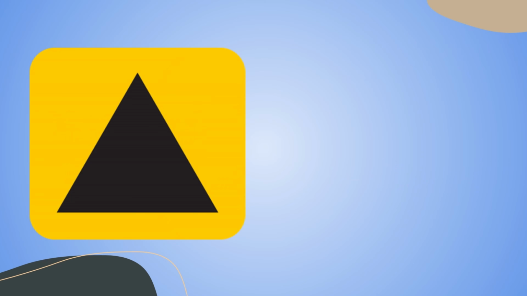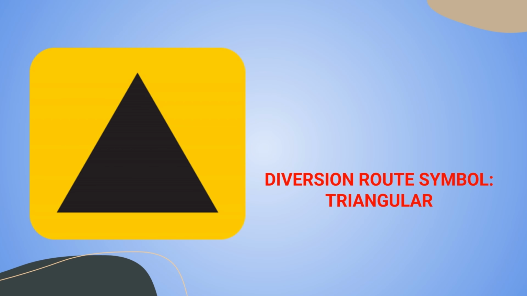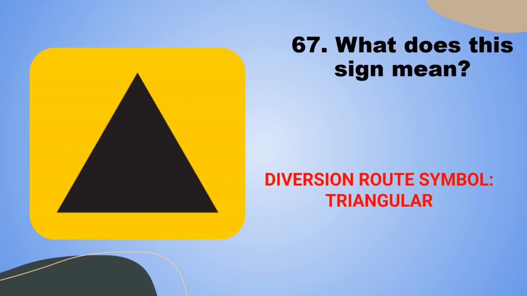Next question. What does this sign mean? This is another diversion route symbol, in this instance triangular. So we've had circular, we've had square, and now we also have triangular. Next question.